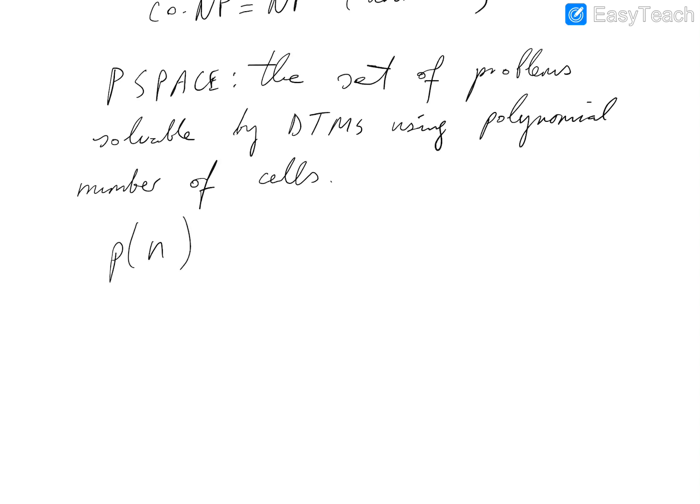So that's why we have that NP is a subset of PSPACE. And we will later see that we don't have any problem for space complexity regarding the relationship between PSPACE and its non-deterministic counterparts.